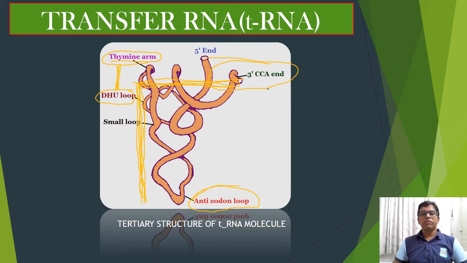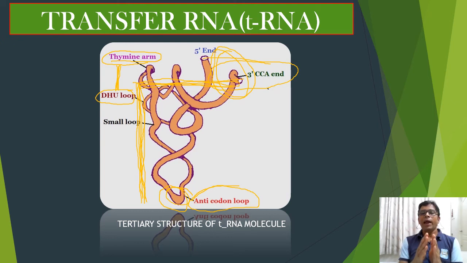And here you can see the anticodon loop becomes the tip of one arm of the L-shaped structure, and the CCA end, or amino acid binding site, forms the tip of the other arm. In this way, the L-shaped tertiary structure is formed due to straightening of arms of the tRNA molecule.